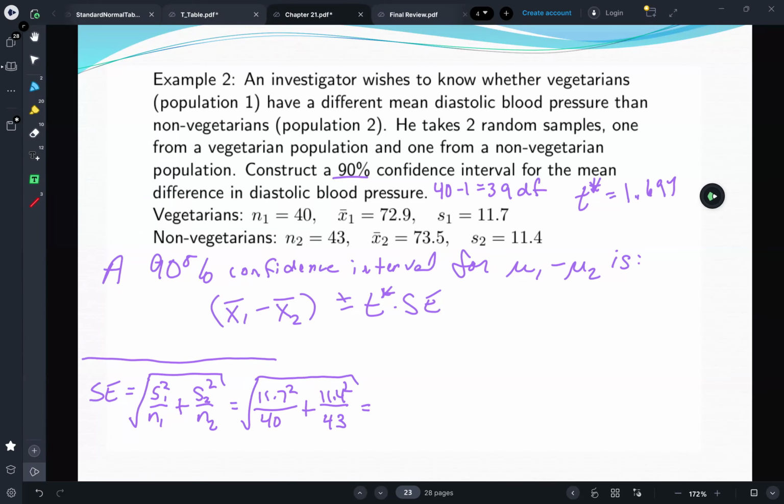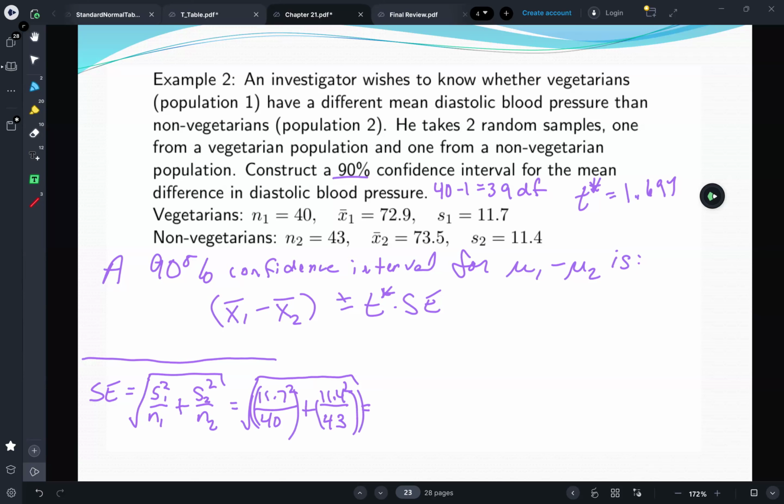You don't need to put the little squares on if they're already squared. Just keep an eye on that. And when I do this with the calculator, I make sure I have lots of brackets. I use all these brackets just to keep everything inside the radical, and I don't make a mistake. It decreases the chance of a mechanical error.